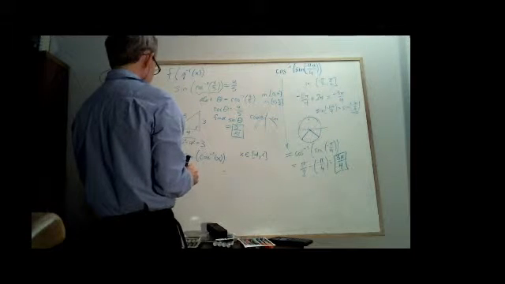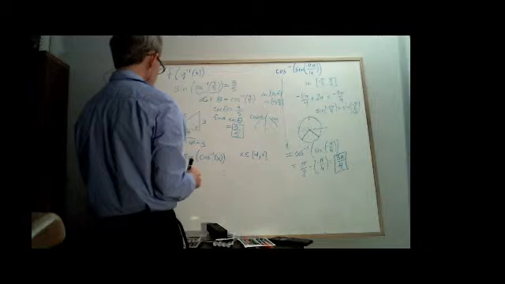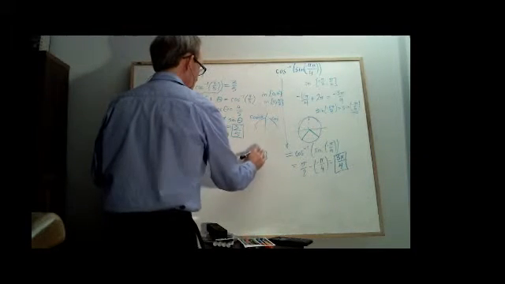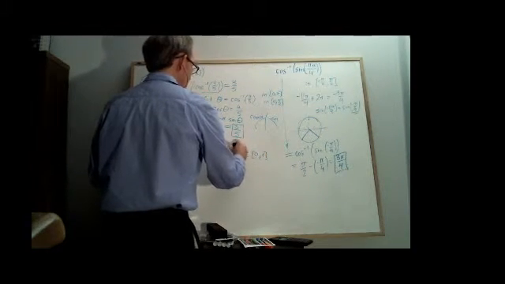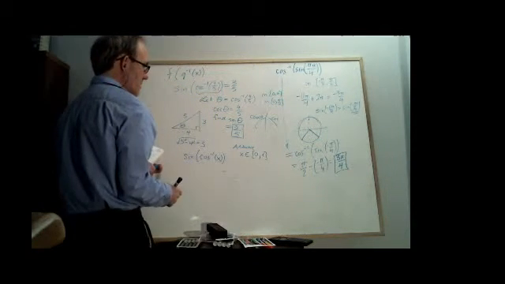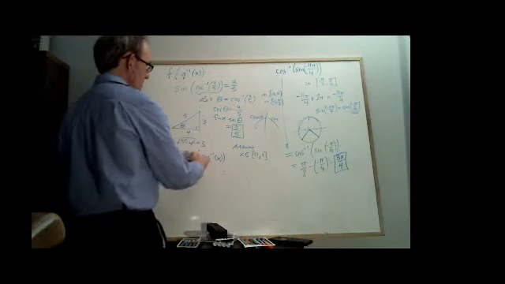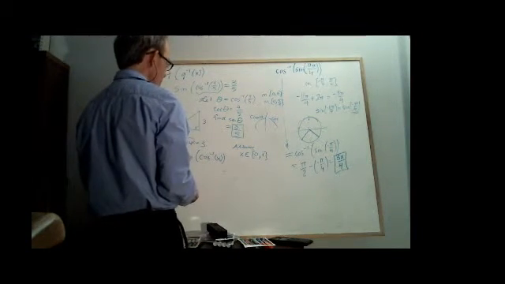Let's also assume that x is positive here. This is a bit of a restriction, but if x is negative, then it actually doesn't change things very much here at all.